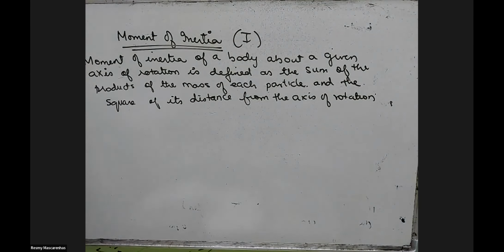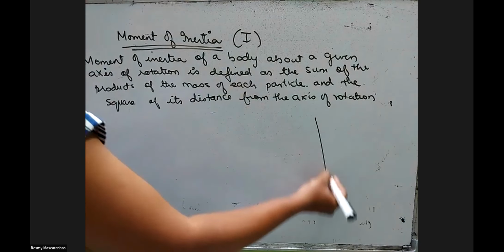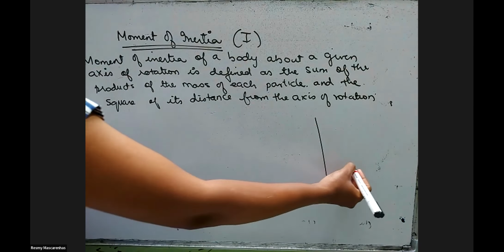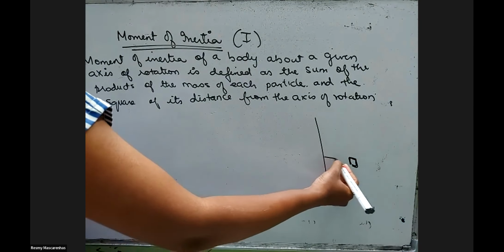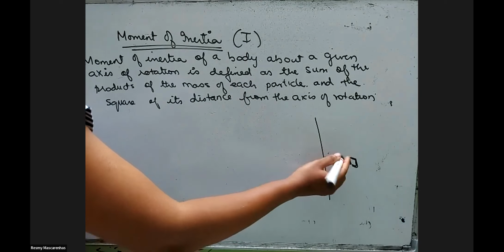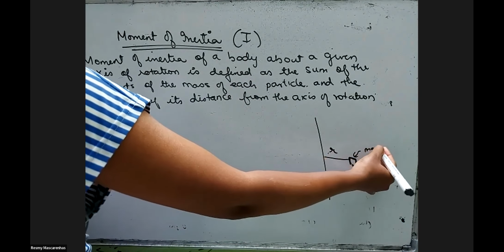Let's write this in a diagram and explain. Consider there's one fixed axis, and there's a small mass, a piece of mass, at a distance r from here.